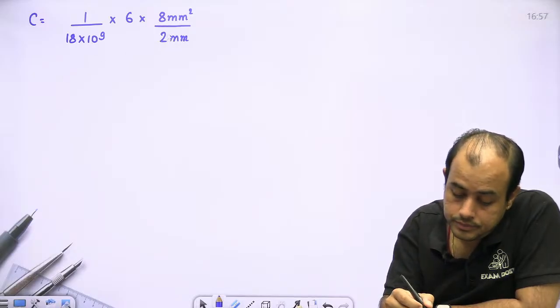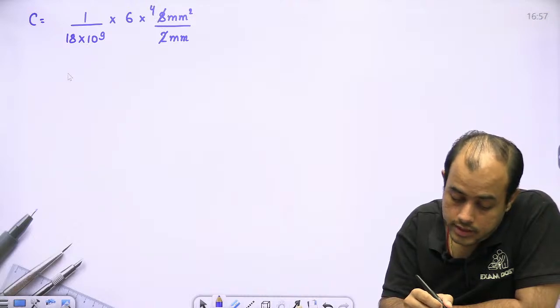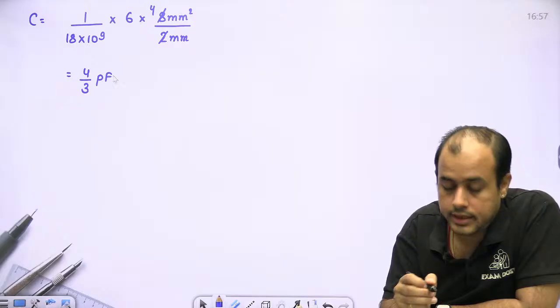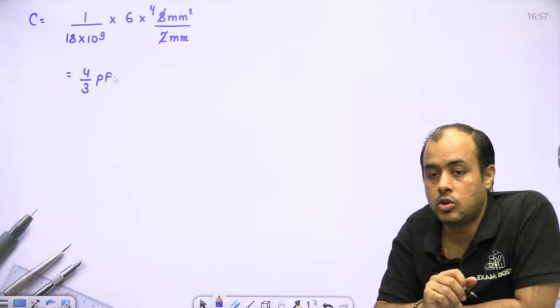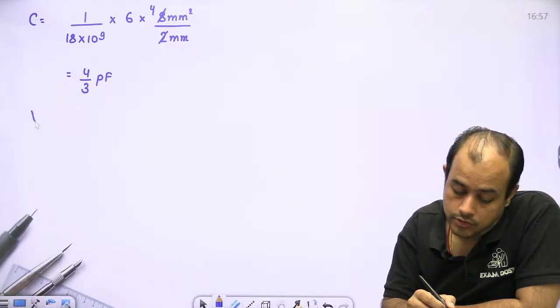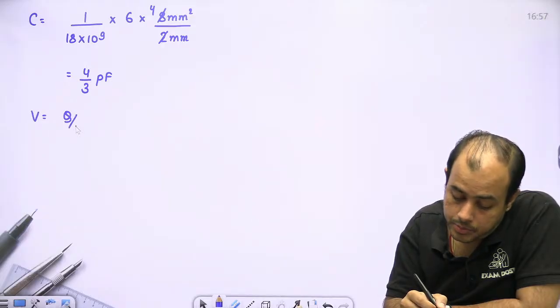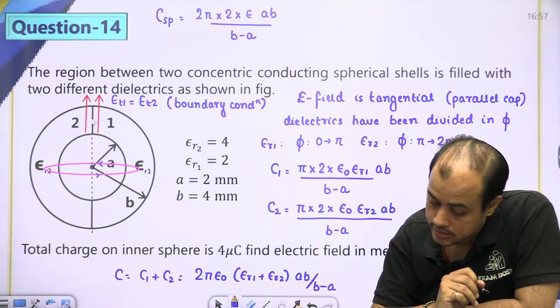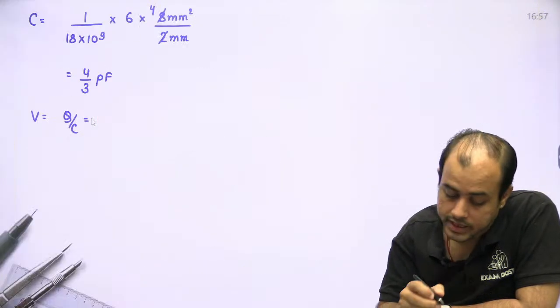So 24 by 18, 4 by 3 picofarad. Now voltage will be charge upon potential difference. Charge will be 4 microcoulomb.